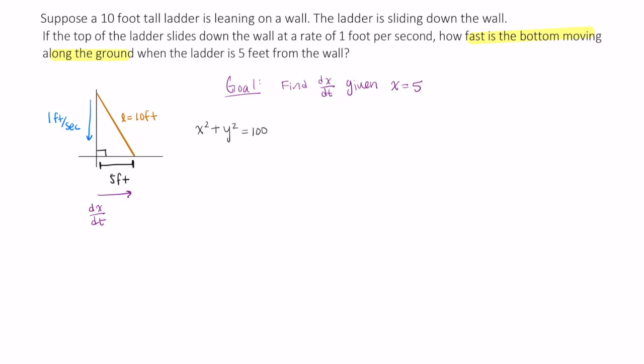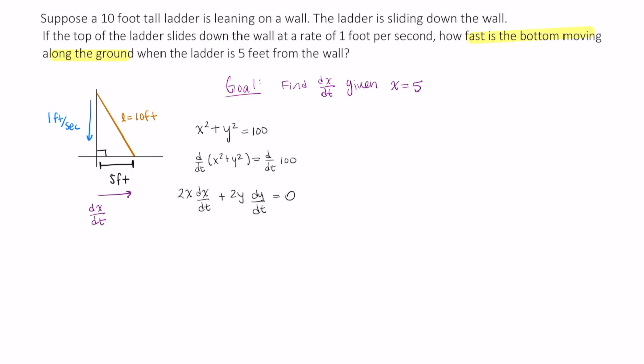And now I need to find the derivative of both sides with respect to t. So I need d over dt of x squared plus y squared equals d over dt of 100. On the left side, I end up with 2x dx over dt plus 2y dy over dt, and this equals 0.